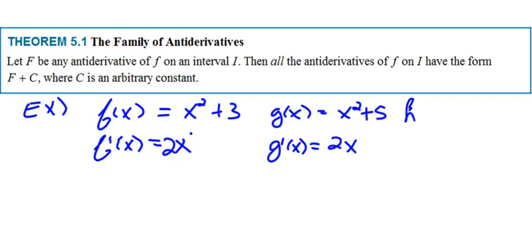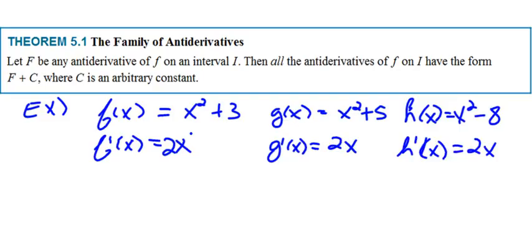And if I did one more, x squared minus 8, taking this derivative, we get 2x. All the derivatives of these three functions are the same. The only difference from the original functions was the constant. So if we're going to do these antiderivatives, we don't know what the constant was, if there even was one. So we're always going to have that plus c.